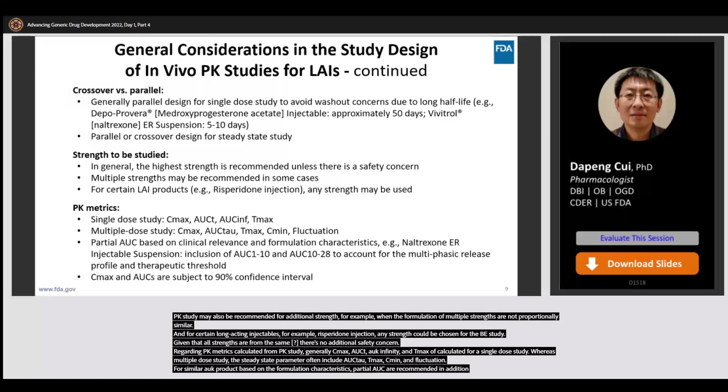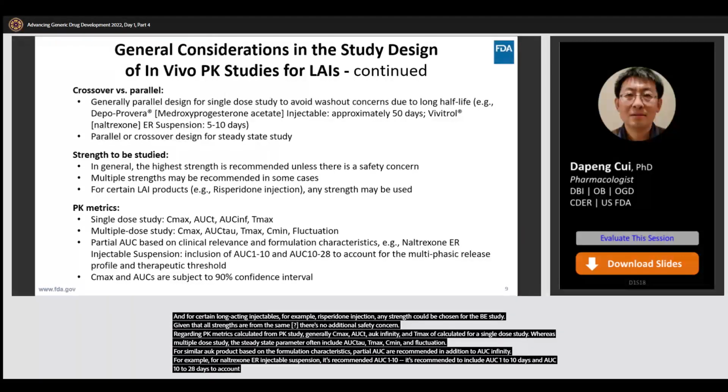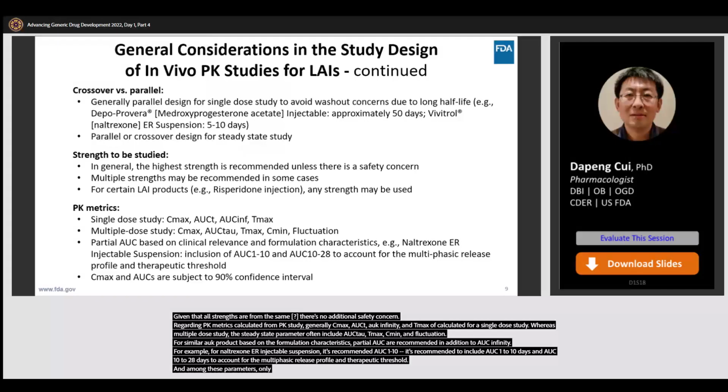For example, for naltrexone ER injectable suspension, it is recommended to include AUC 1 to 10 days and AUC 10 to 28 days to account for the multiphasic release profile and therapeutic threshold. And among all these parameters, only Cmax and AUC parameters are subject to the 90% confidence interval evaluation.